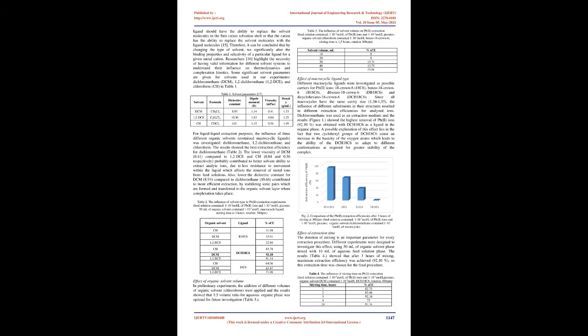Extraction procedure. For the optimized liquid-liquid extraction procedure, 10 ml of standard feed solutions containing the analyte Pb²⁺, 1×10⁻³ mol/L, and counter ions, picrates, 1×10⁻³ mol/L, were mixed with 50 ml of organic solvent, chloroform, dichloromethane, or 1,2-dichloroethane, containing the macrocyclic ligand, 18C6, B18C6, DB18C6, or DCH18C6.